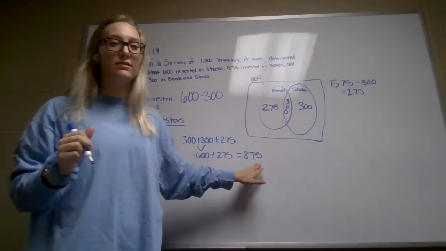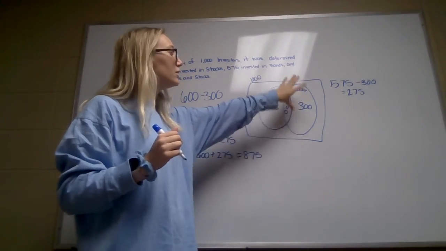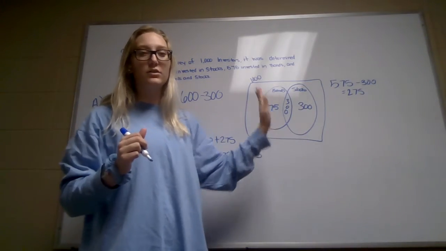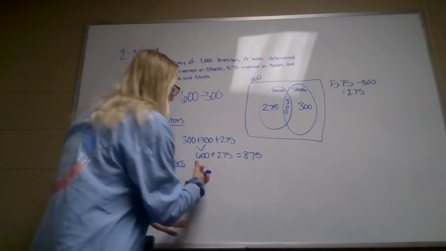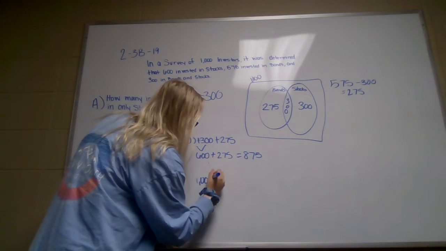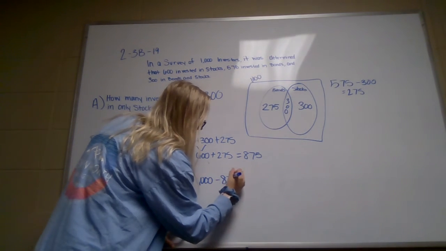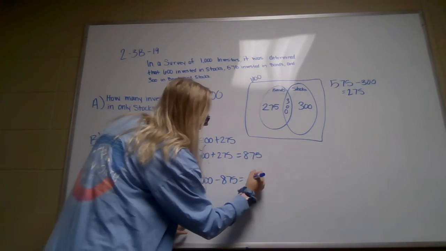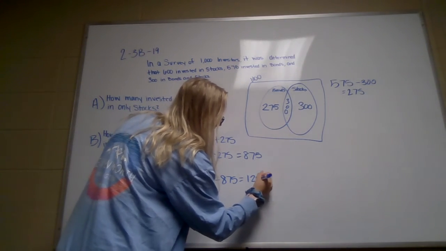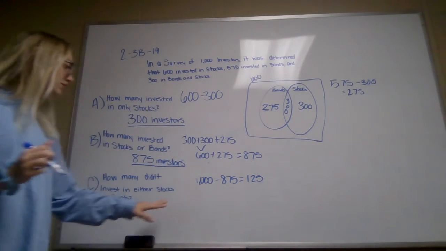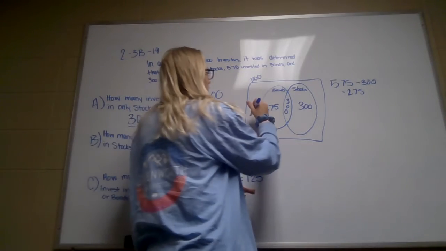We already know that we have 875 in our two circles. What is in the remainder of our square? So we'll take 1,000 and subtract 875 from it to give us 125. And then that's in our little box.